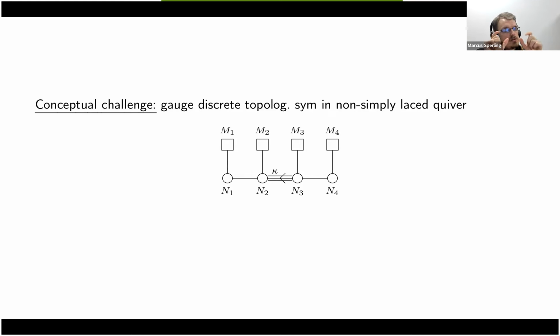Then you can write U(k) as SU(k) times U(1) mod Z_k, and then you shift all the magnetic fluxes of the neighboring nodes by this U(1). If you do this carefully enough, and in the end you gauge the right symmetry, then you get back the index or the monopole formula for the Quiver after gauging. Here, this non-simply-laced edge spoils the game a little bit, and you need to be quite careful how you define the Quiver after gauging.